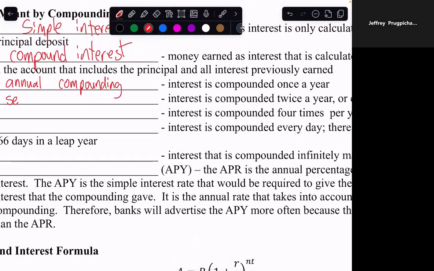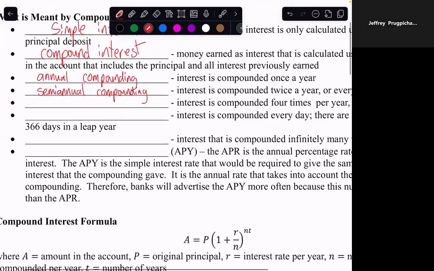We also have semi-annual compounding. Semi-annual means it happens twice per year. Quarterly, just like there's 4 quarters in a dollar, quarterly means 4 times per year.